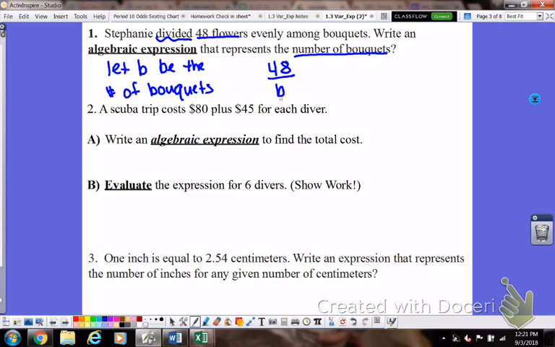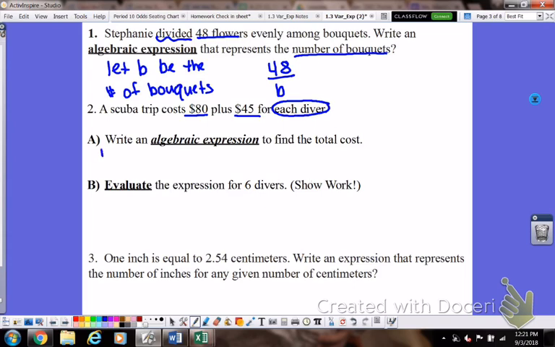So number 2, a scuba trip costs $80 plus $45 for each diver. Part A, write an algebraic expression to find the total cost. So what don't we know? We know that the trip costs $80 and $45 per diver. What we don't know is how many divers.